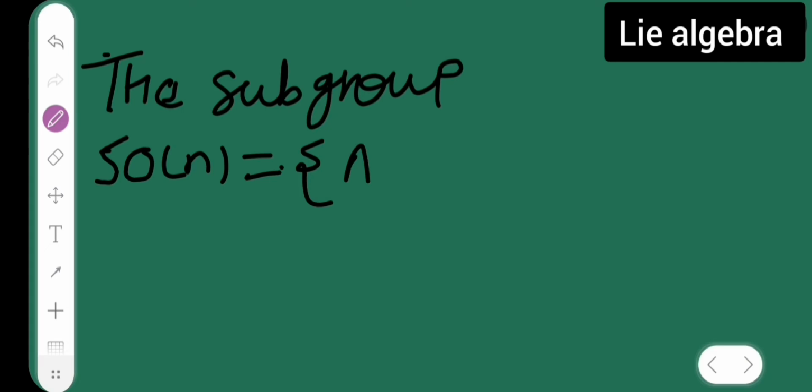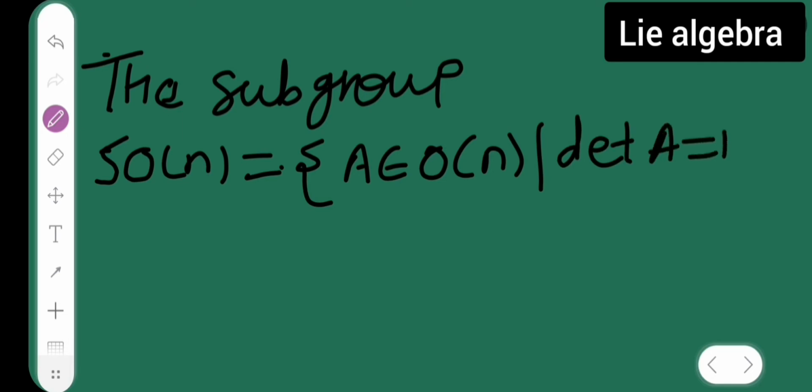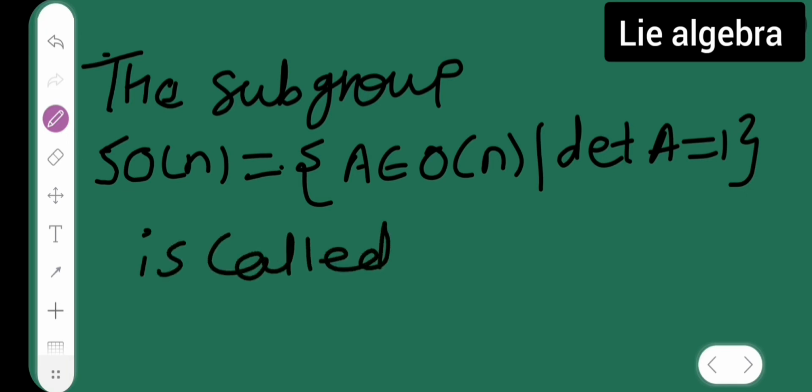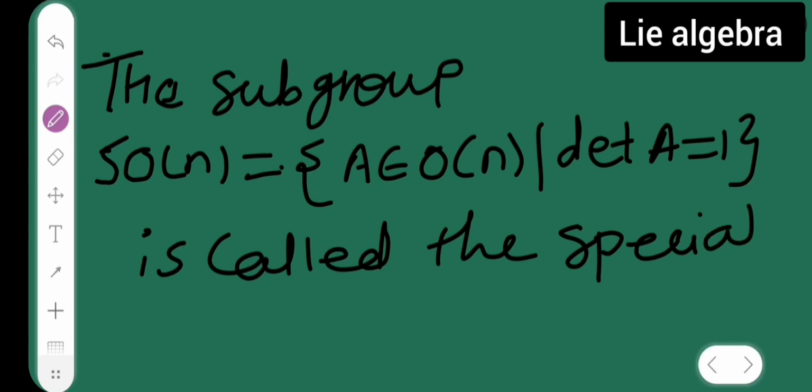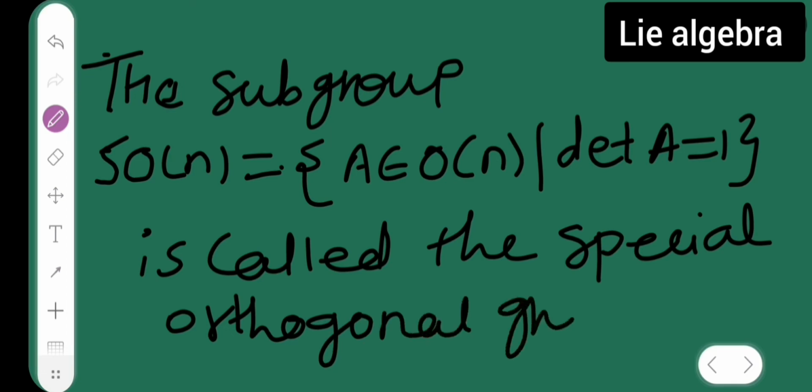The set of A belonging to O(n), where determinant of A is equal to 1. Now this is called the special orthogonal group.